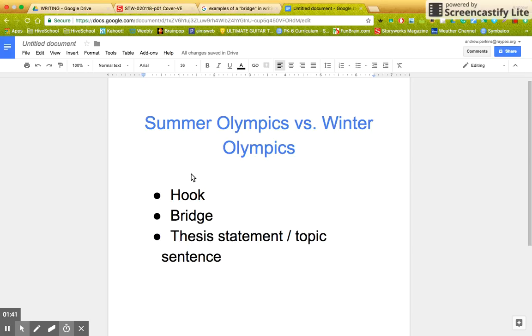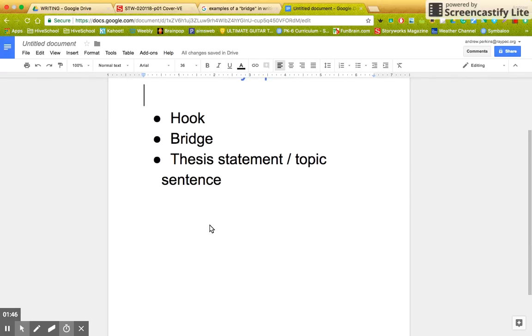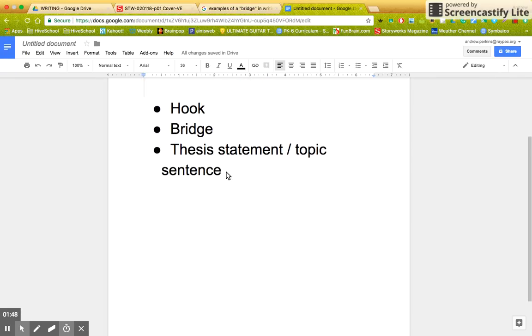And in order to get more specific, here's what you're going to have to do today. So I'm going to skip past where you see this hook, bridge, thesis statement, topic sentence. We're going to come back to that, of course, but we're not going to worry about that right now. Here's what you're going to need to do today. Now, read what I type.